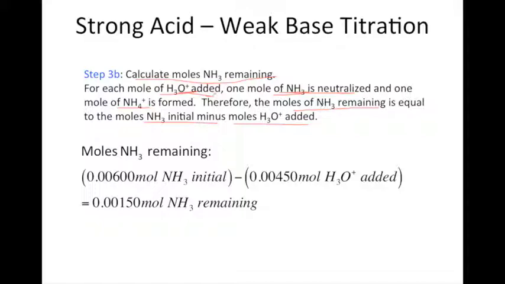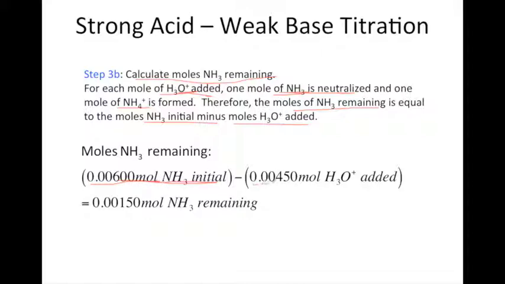So our calculation would look something like this. Here's the moles of ammonia initial, and I just put that here. We've already calculated that in step 1 when we were looking to see if we were before the equivalence point. So look back at that calculation. We've already taken the initial volume times the molarity to get our initial moles.